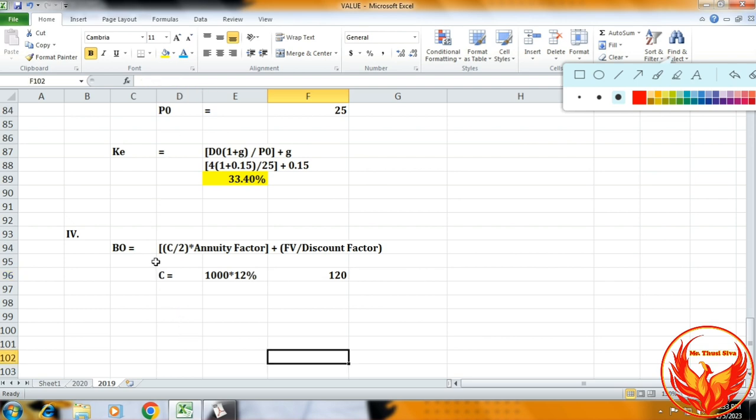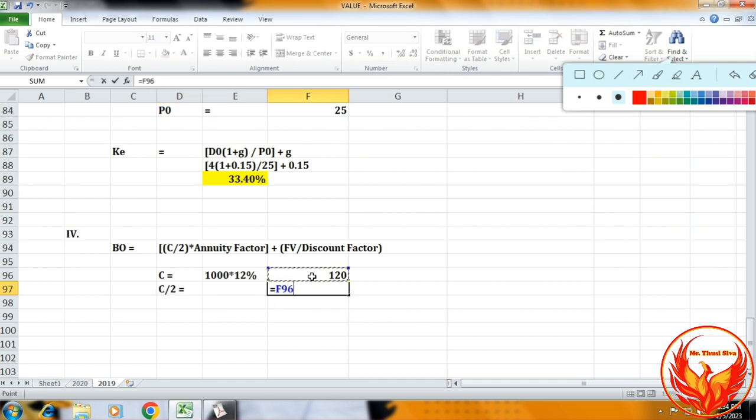Here we have to calculate C divided by 2, half C, because the interest is paid semi-annually. So half C, 120 divided by 2, equals 60 rupees.